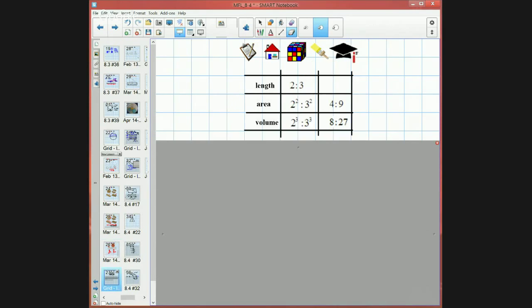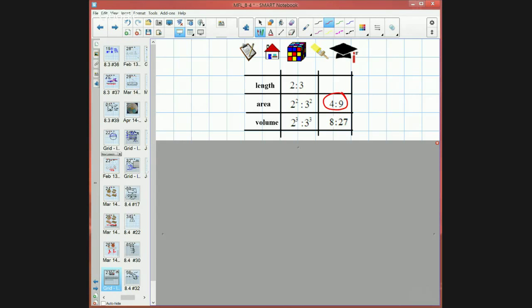In fact, if I push it a little bit further, let's take another example. Let's say we had 2 objects whose radii were in a ratio of 2 to 3. Well, if we had an area made out of that, the ratio would be 2 squared to 3 squared. Why? Because we jumped up a dimension from length to area. So instead of a ratio of 2 to 3, it becomes a ratio of 4 to 9.